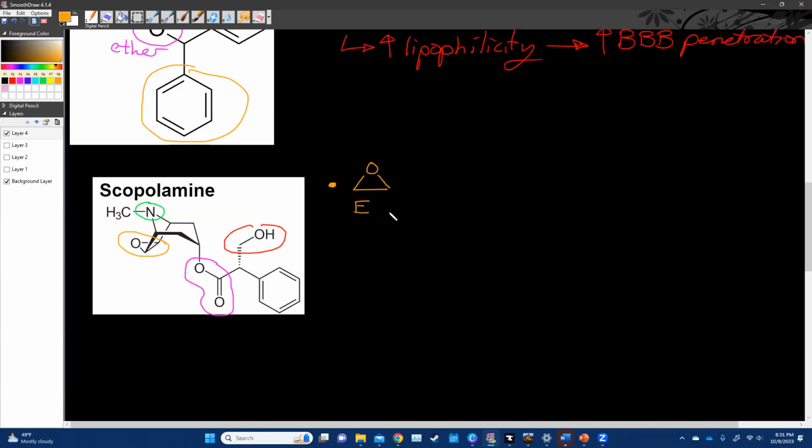Starts with an E. Good. Lactone is a good guess. Lactone requires us to have the double bonded O. Epoxide. So the epoxide here, all we're doing with scopolamine is increasing BBB penetration. That's all it's doing.